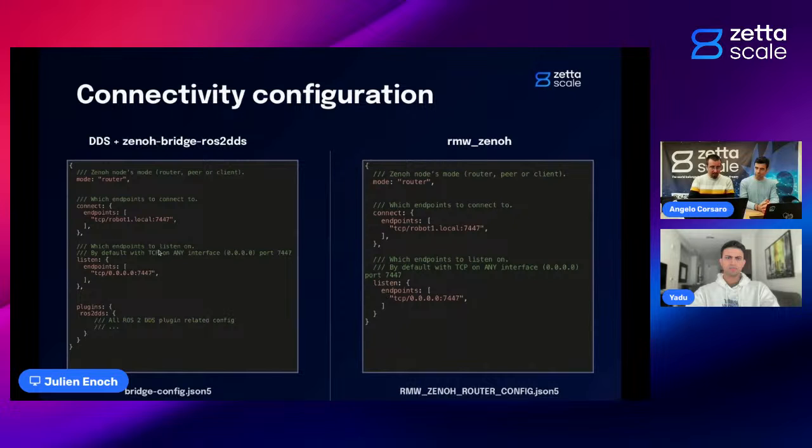By default, in both cases, for the bridge and for RMW Zenoh, they are listening on TCP on any interface on port 7447. And if you want to establish a connection with a remote system, a remote robot for instance, you just add an endpoint with the TCP/IP address or domain name of your host on port 7447. And that's it.